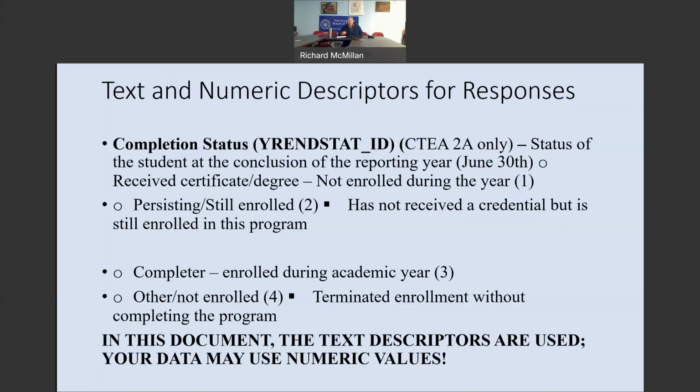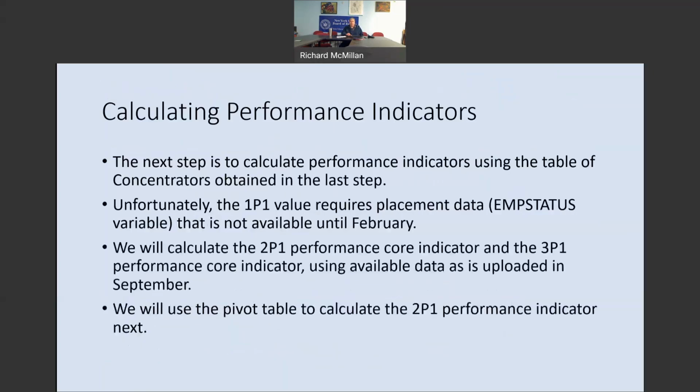That's why I'm providing this key, in case your data is in the form of numeric values and not text descriptors. Calculating performance indicators. The next step is to calculate performance indicators using the table of concentrators obtained in the last step. Unfortunately, the 1P1 value requires placement data.